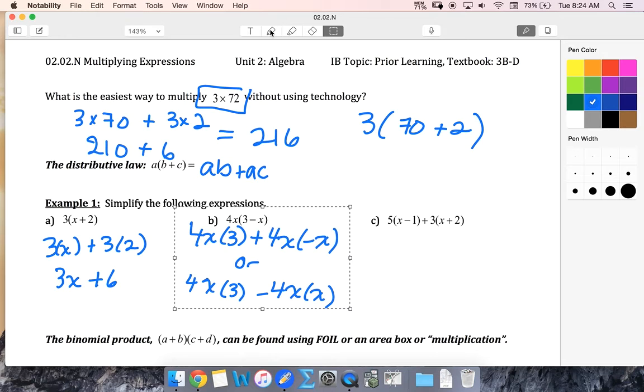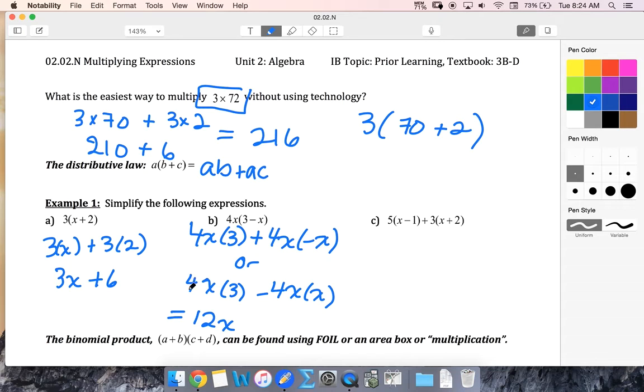Either way, we end up getting 12x from the 4 times 3 minus 4x squared. X times x is x squared. So whatever we do, we want to be really careful with our negatives.